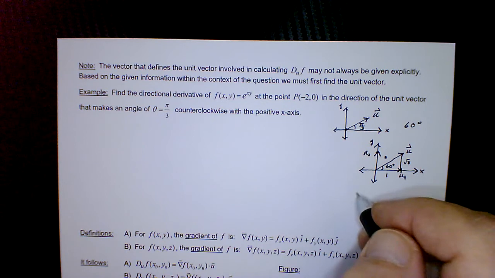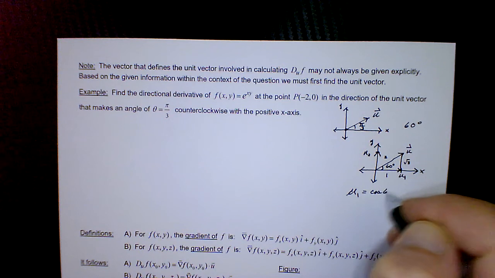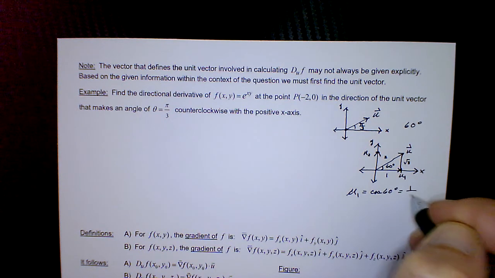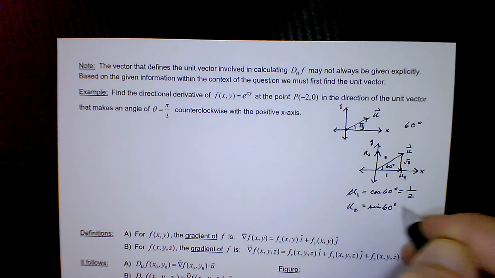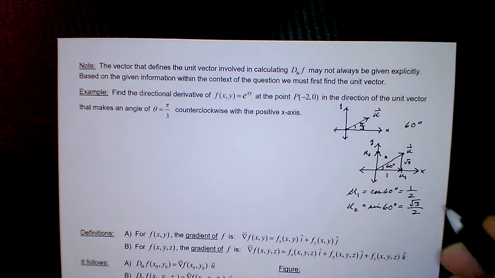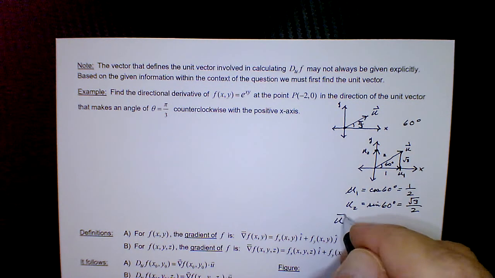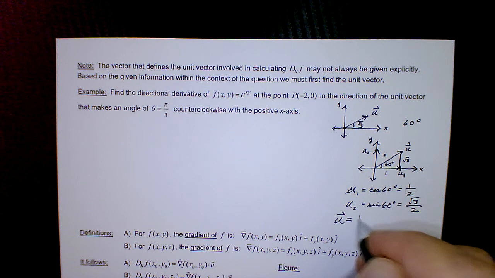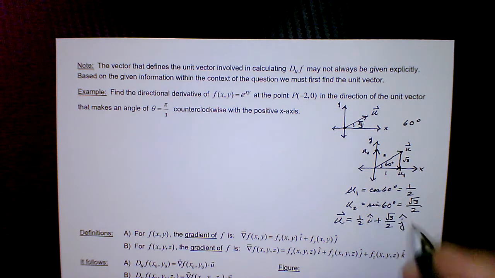So let's do the cosine first. u1 is actually the cosine of 60 degrees, which would be adjacent 1 over hypotenuse 2, and u2 is the sine of 60 degrees, or opposite radical 3 over our hypotenuse of 2. So therefore the unit vector u is going to be u1 i, so 1/2 i, plus u2 j, so plus square root of 3 over 2 times j.